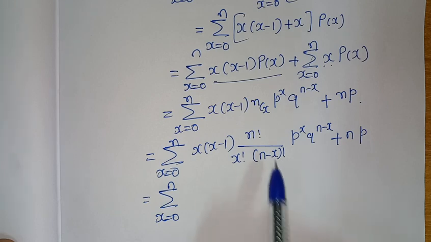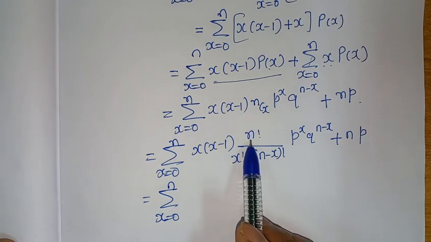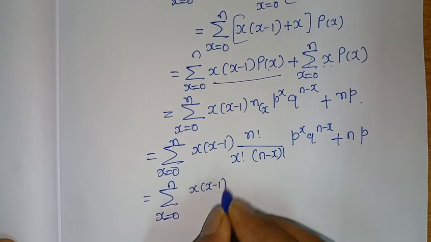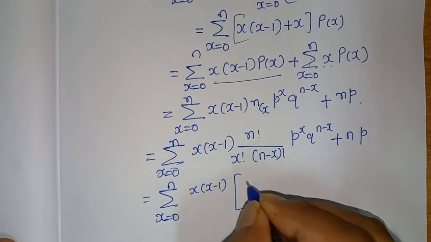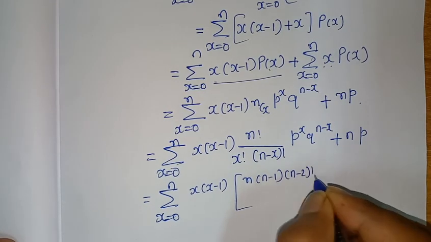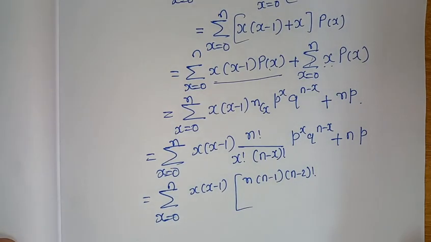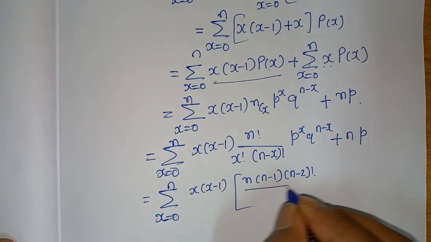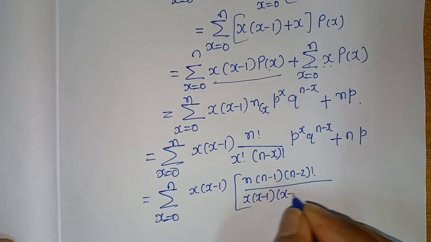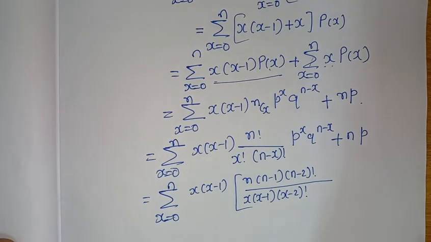That is the reason n factorial I'll also write as n into n minus 1 into n minus 2 factorial. So x into x minus 1 as it is, n into n minus 1 into n minus 2 factorial divided by x into x minus 1 into x minus 2 factorial.